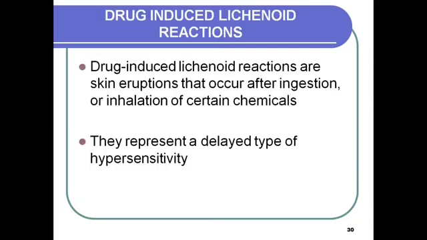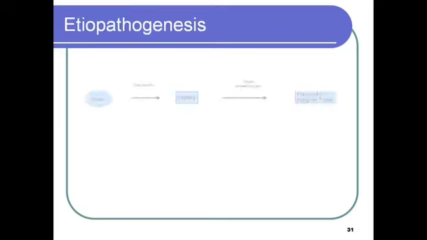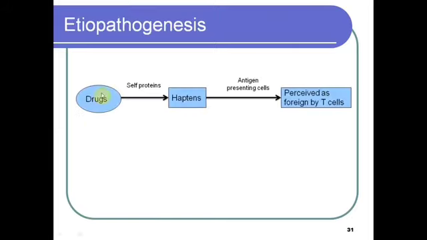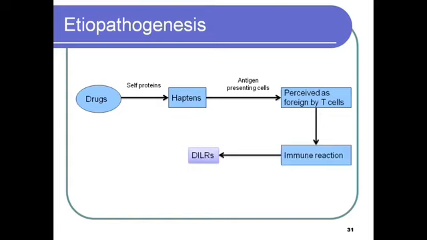Now we have drug-induced lichenoid reactions. They are skin eruptions which occur after ingestion or inhalation of certain chemicals. They represent a delayed type of hypersensitivity, which is type 4 hypersensitivity. In the pathogenesis, we consume the drugs, the proteins act as haptens which act as antigens and are perceived as foreign by the T cells, and there will be an immune reaction.